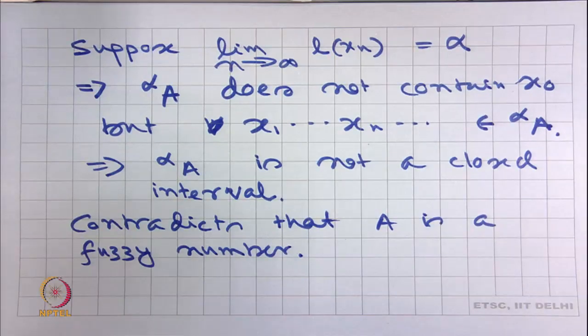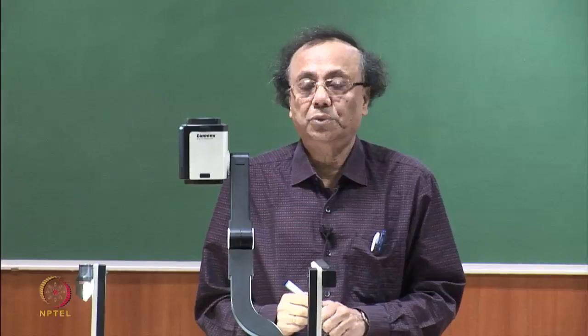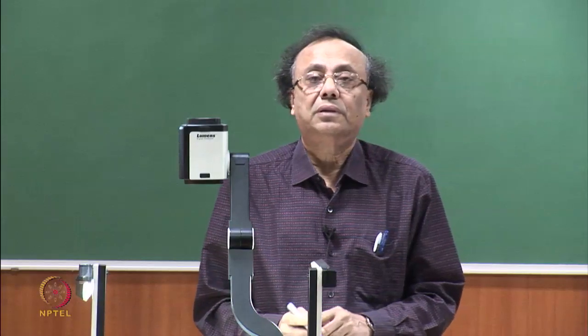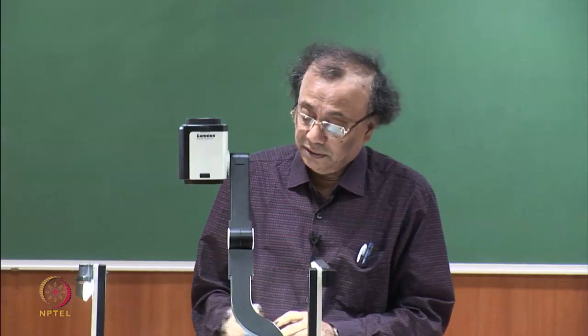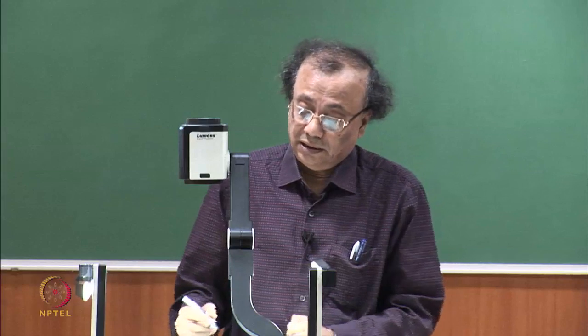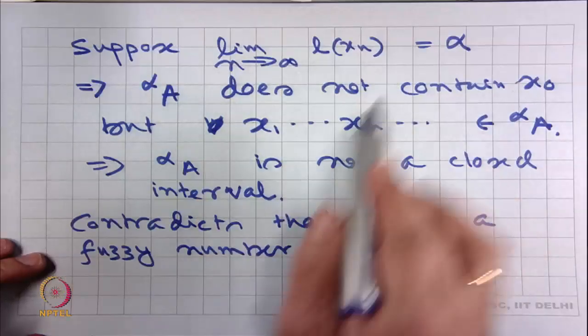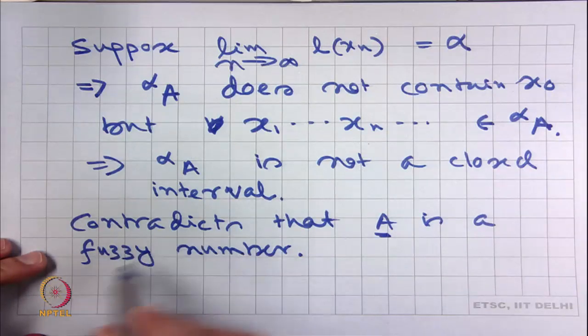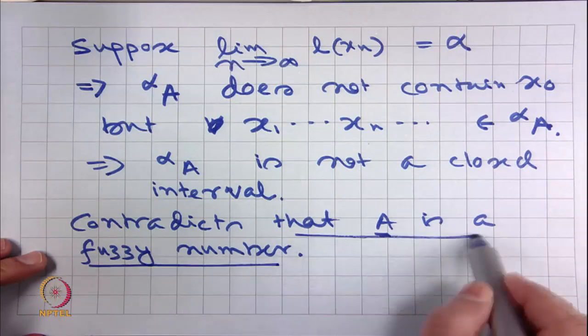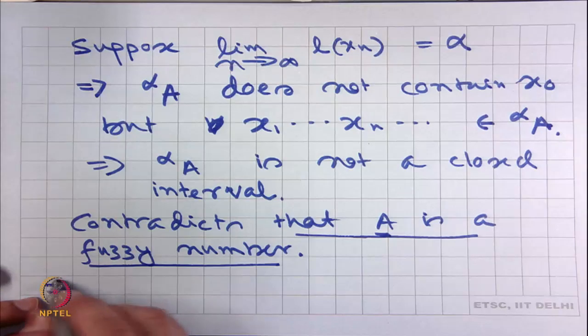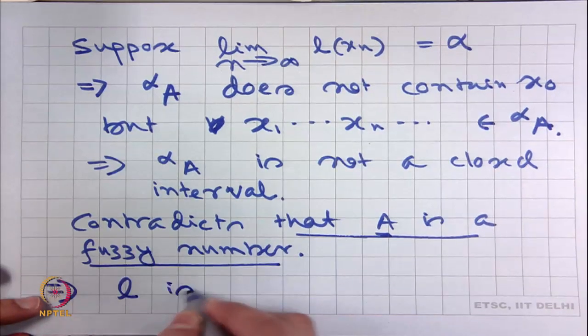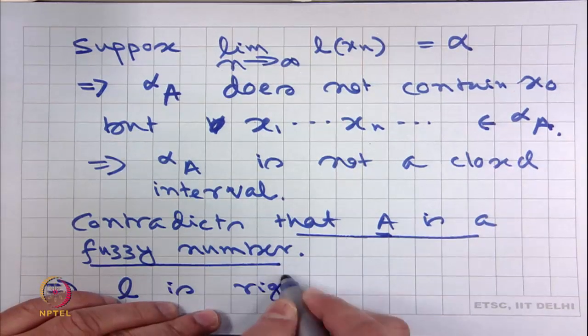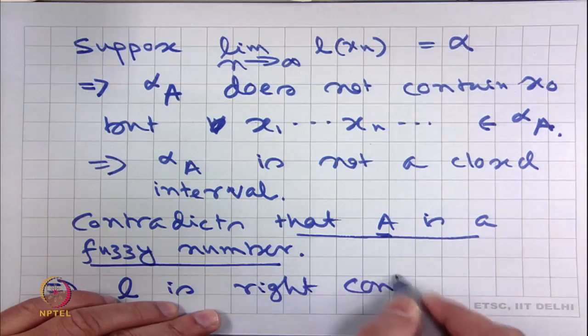Because we started with A being a fuzzy number, and we wanted to show that all the characteristics of the membership function should hold, and if the right continuity does not hold, then we contradict the fact that A is a fuzzy number. Hence L is right continuous.